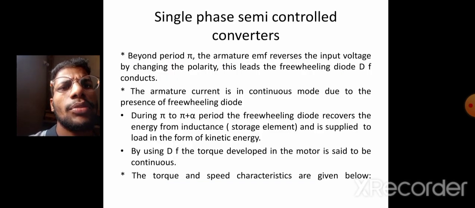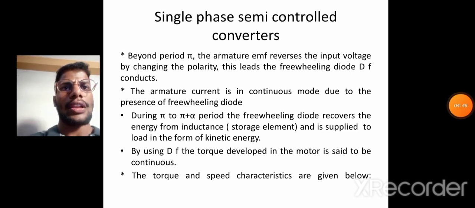And beyond the period of pi, the armature EMF reverses the input voltage by changing the terminals. This leads to the freewheeling diode conducting, and the armature current is in continuous mode due to the presence of the freewheeling diode.